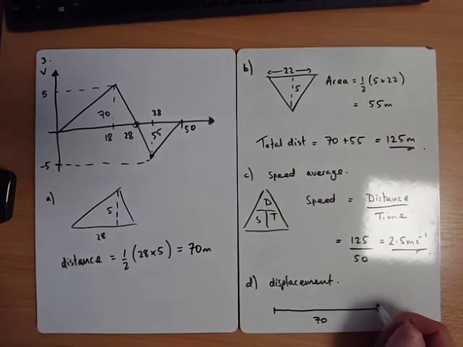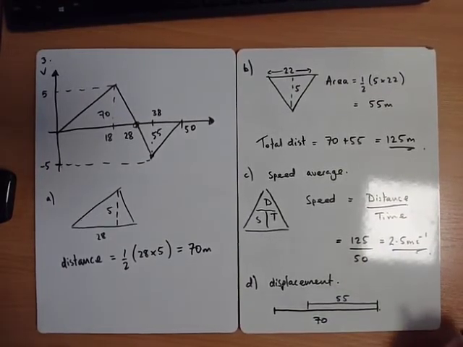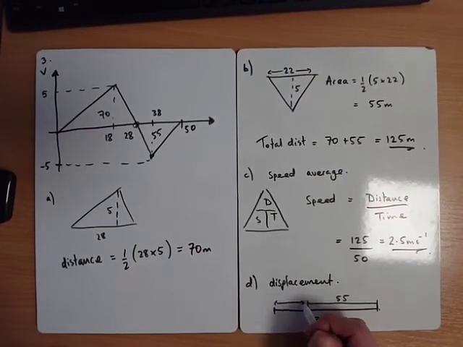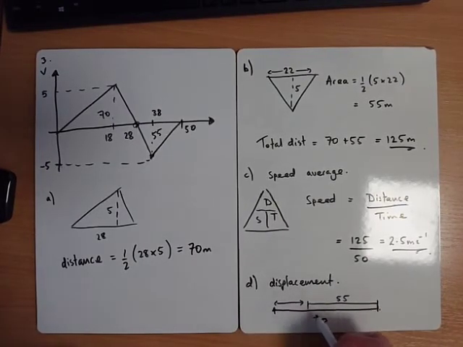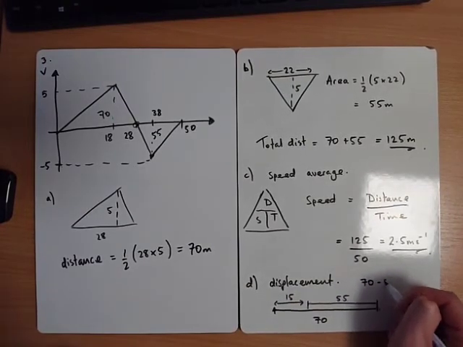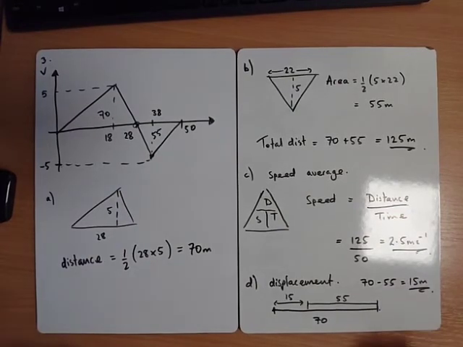So then you go back and move 55 metres in the opposite direction. So don't forget, displacement is essentially distance measured from where you started or relative to a position. So if you started here, moved 70 metres, then stopped, moved 55 metres, the displacement, in other words where you were from where you started, would just be 70 minus 55, which would be 15 metres.